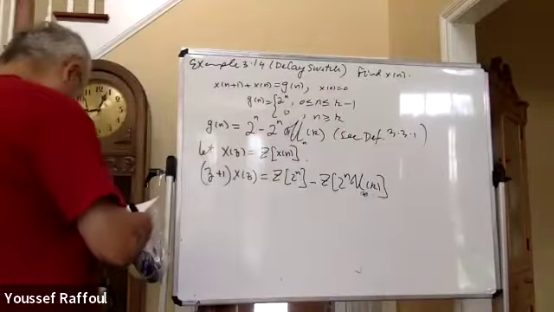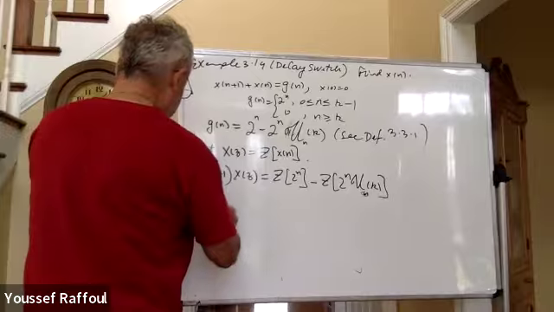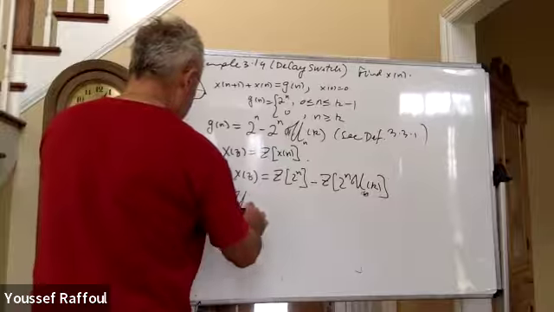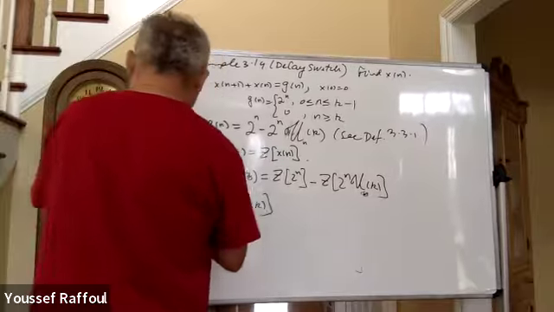All right. Now, what is Z of 2 to the n u(n minus k)?